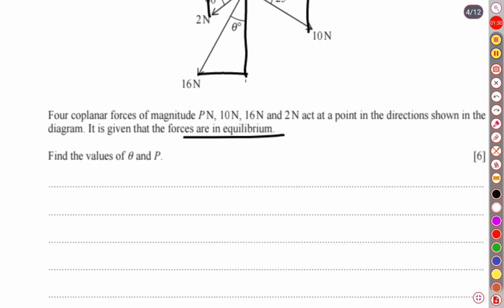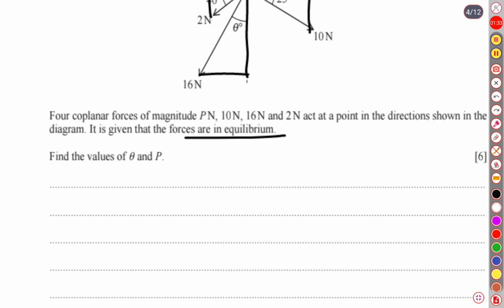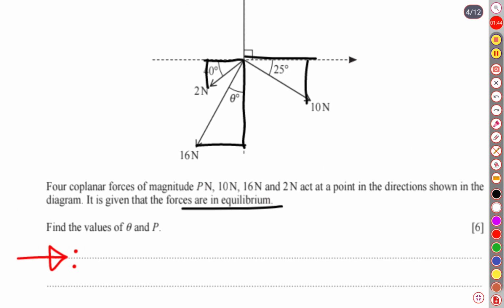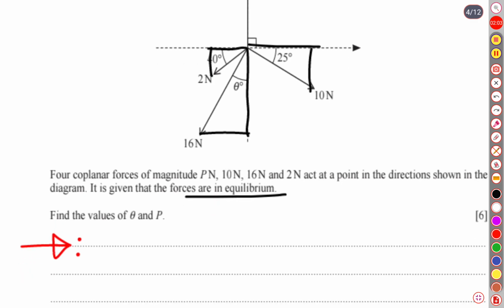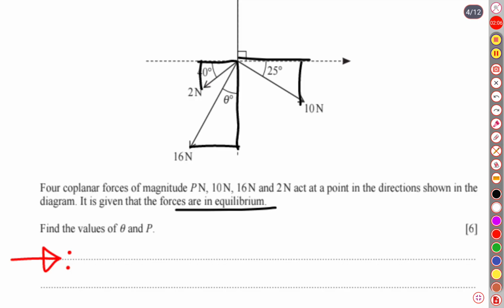First of all, we resolve the forces acting horizontally. So let us calculate the horizontal components of the forces. Always, a force acting along the positive axis of x is a positive force. So for the positive side, the first force from the first triangle is 10 cos 25.